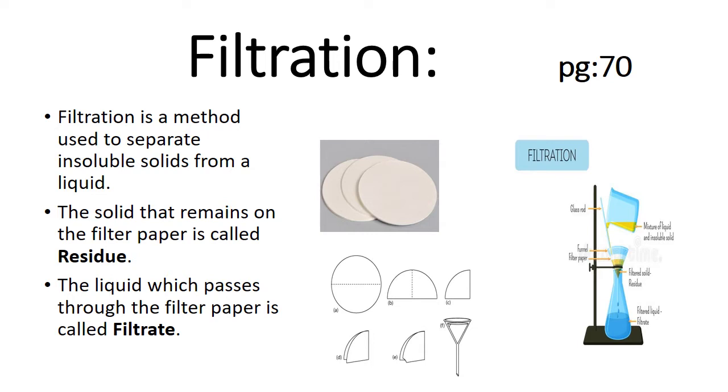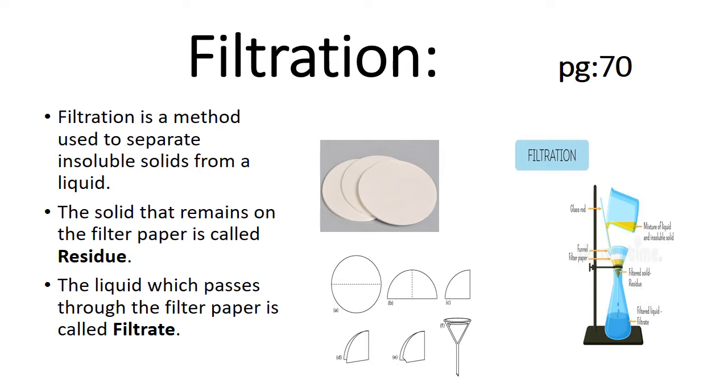I am going to show you a video that is going to explain the process of filtration in detail. But before we start the video, you should know two important things: the solid that remains on the filter paper after filtration is called residue. So the dust particles or the sand that you get on the filter paper after filtration are known as residue, and the liquid that passes through the filter paper is called the filtrate.